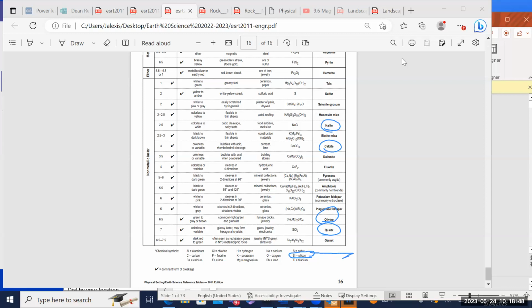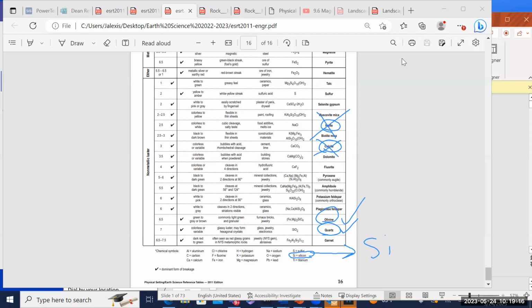It has the chemical symbol Si. So I'm first going to look for which minerals have Si. Olivine has Si, quartz has Si. Calcite does not have Si, and halite does not have Si. So we know it's either olivine or quartz, 2 choices.